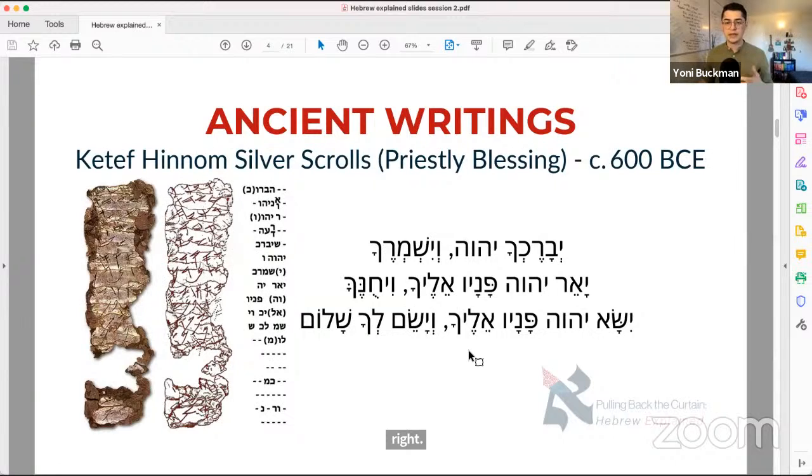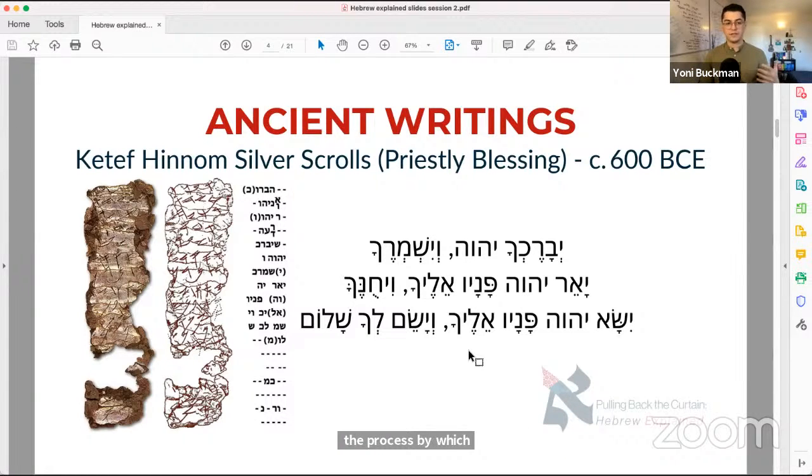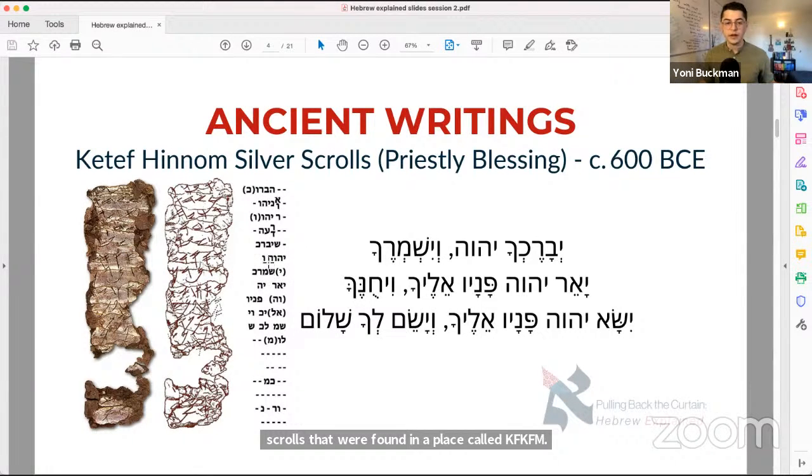Another one, and this is a quote very similar to one that's in the Bible, is these silver scrolls that were found in a place called Ketef Hinnom, and these appear to have almost exactly the priestly blessing that we have in the Bible today. If you look at this line here, I don't know if you can see my cursor, it says Sheyivarechecha Adonai v'yishmerecha, that God should bless you and keep you.